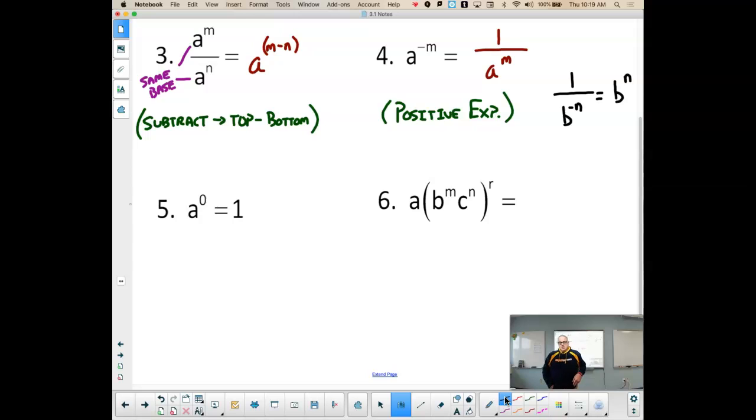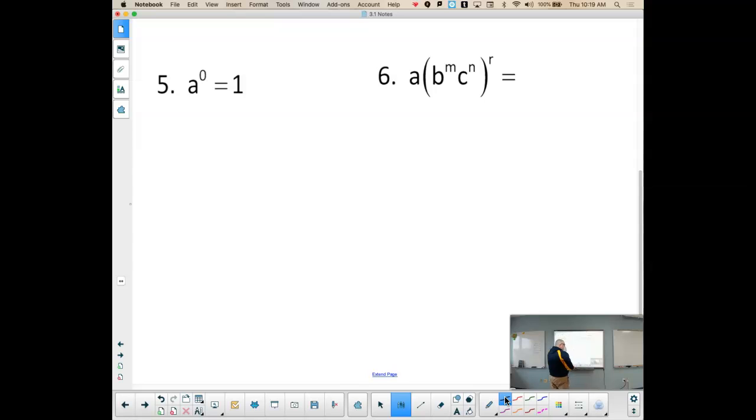Number 6 isn't so much an actual property as it is just a general rule of thumb, in that there's a couple of things going on here. The first thing is that the exponent only controls what is directly in front of it.